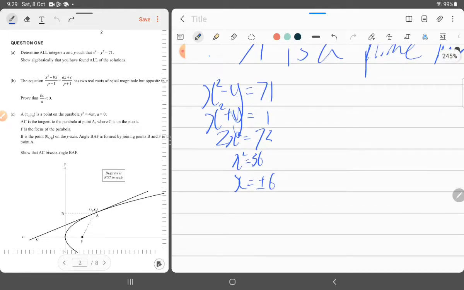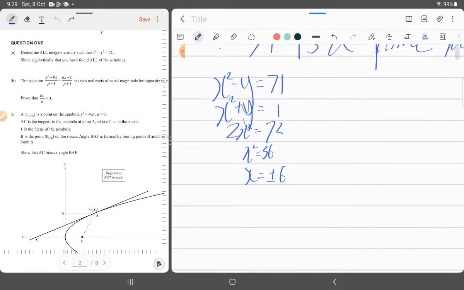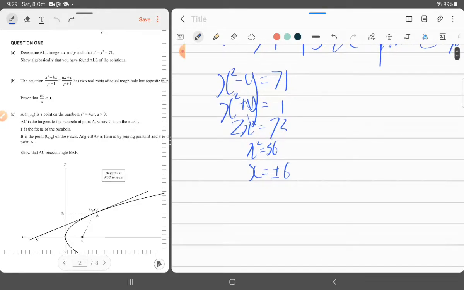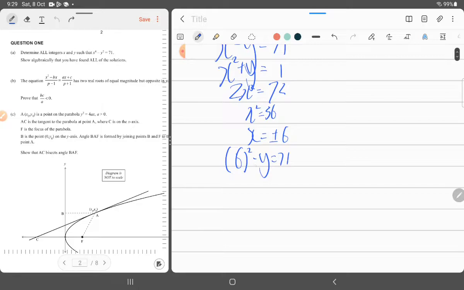Then I don't think it matters if it's squared. So 6 squared take away y equals 71. What's 36 take away 71? Is that negative 35?